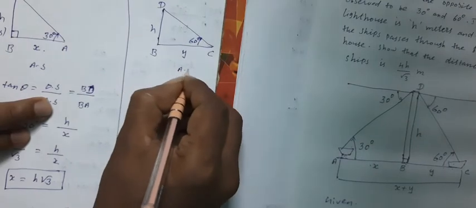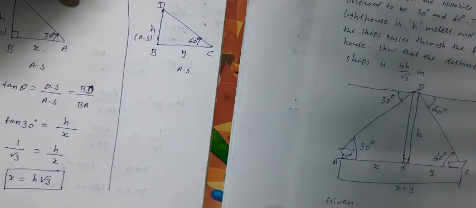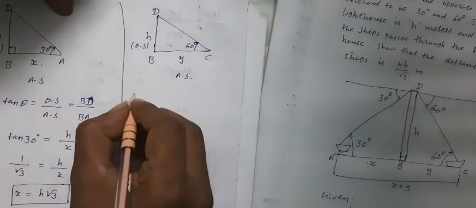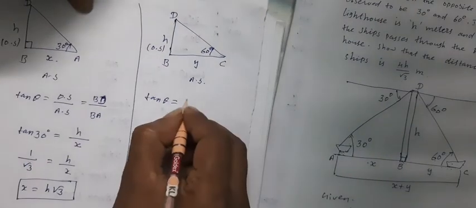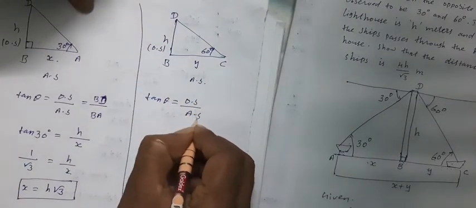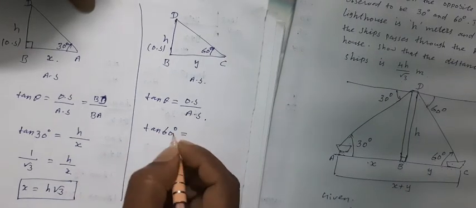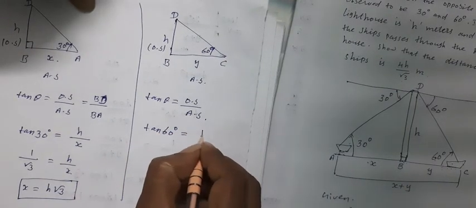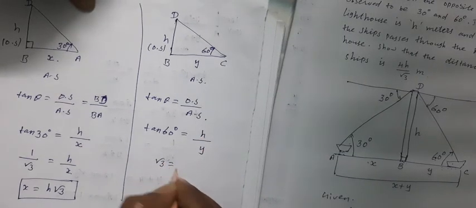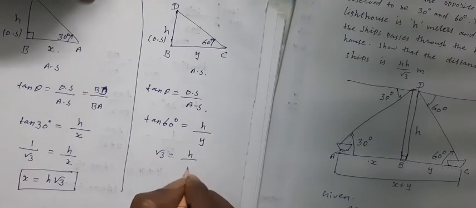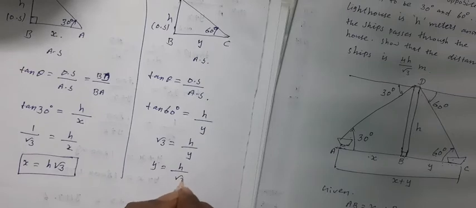This is the adjacent side and this one is the opposite side, so we use tan theta, which is opposite side by adjacent side. Here theta is 60 degrees, so tan 60 is equal to h by y. Tan 60 is root 3, so root 3 is equal to h by y. Next we get y is equal to h by root 3.